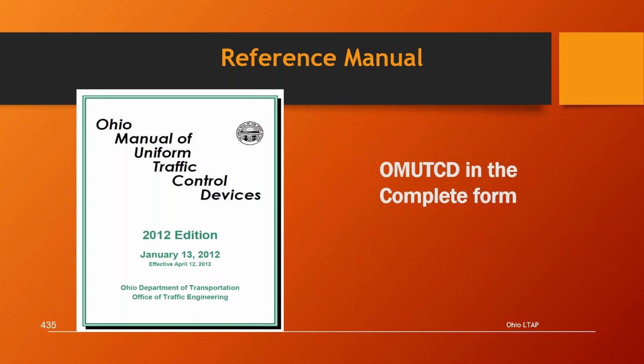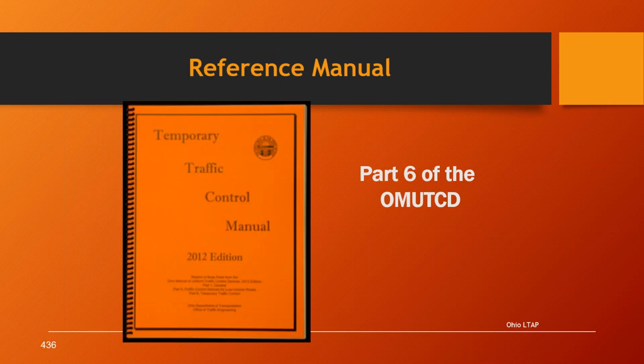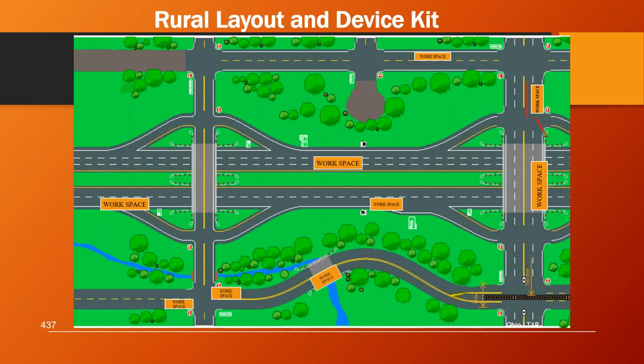Okay, so again, this is our OMUTCD, and there's 9 parts, and we're dealing with part 6. So this is our manual that I'm talking about. Let's first talk about some rural situations. So on this layout here, if we were meeting in person, I actually have a big plastic tube that you roll out, and it looks like this picture, and we go over scenarios.